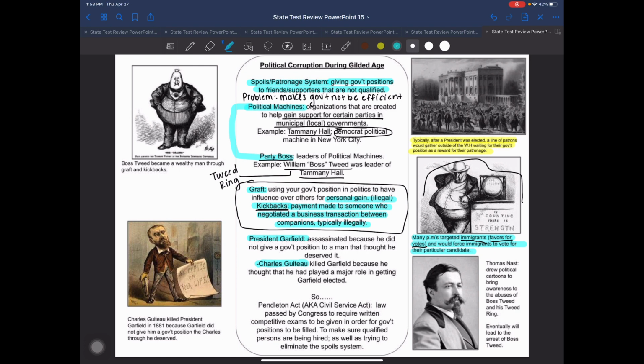And to make a long story very, very short, he actually really didn't support President Garfield in the beginning. And he was a little disconnected from reality, is a nice way of saying it. He had zero role in President Garfield actually being elected, but he thought he did.